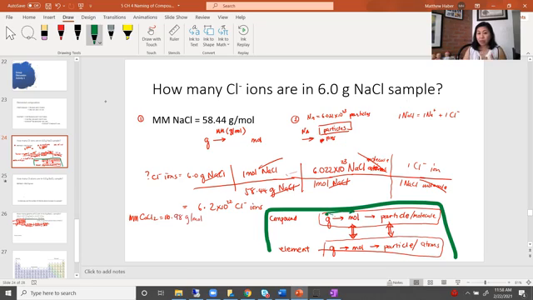And now that you know how many sodium chloride moles are present there, you figure out how many individual molecules are present. So you went further to this route right here. Now that you have the individual sodium chloride particles or molecules present, you can then calculate the amount of chloride ions present. So the route that you chose is from grams to moles to molecule, and from molecule to number of chlorine atoms or chlorine ions in this case. Okay, so that's the pathway.